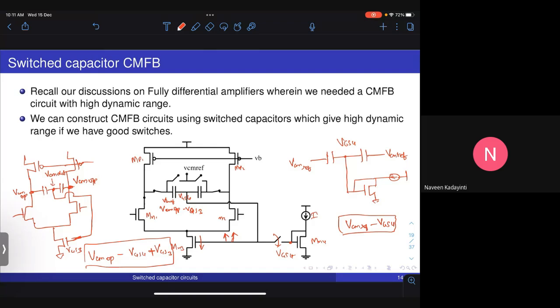In this way, a small negative feedback is established to make sure that the output common mode is where it should be, and we are only using switches and capacitors, no resistors in the circuit. In this way, we can set up a common mode feedback in order to bias a fully differential amplifier. Okay, any questions here?